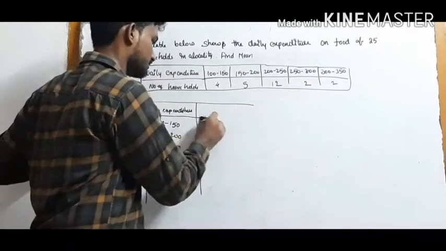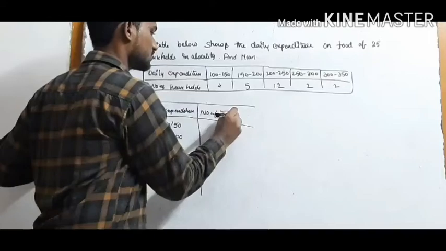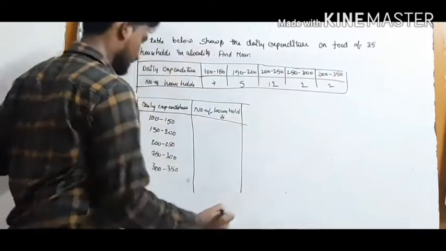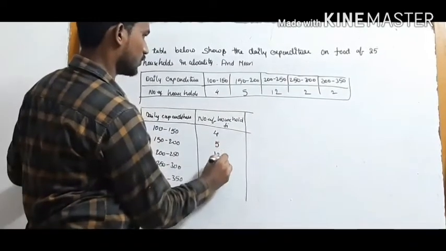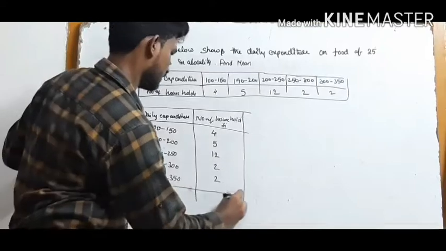Next, the number of households is the frequency Fi, given as 4, 5, 12, 2, and so on.